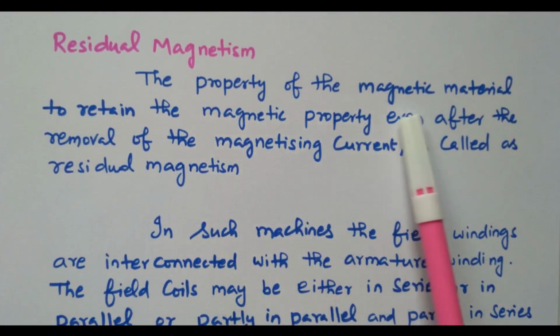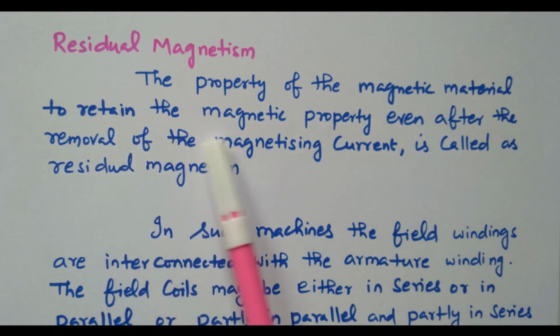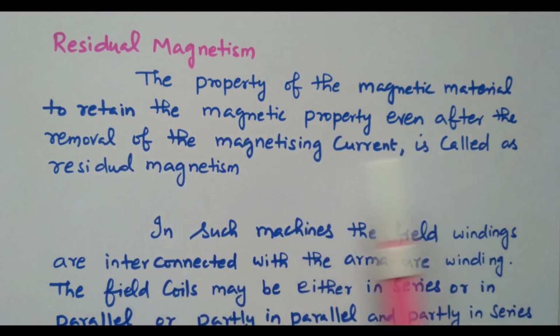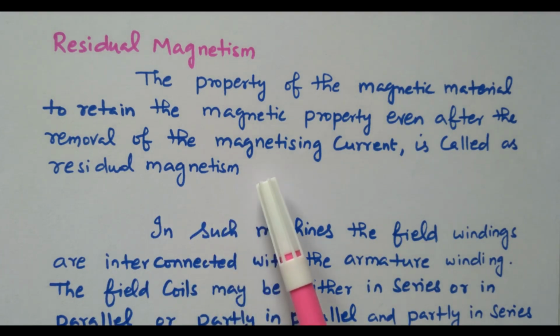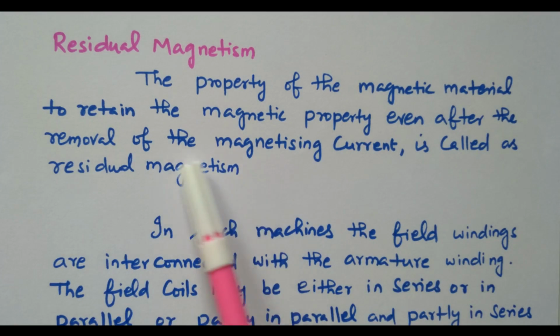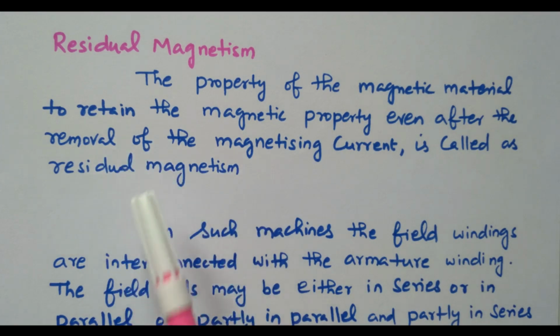The property of the magnetic material to retain its magnetic property even after the removal of the magnetizing current is called residual magnetism.